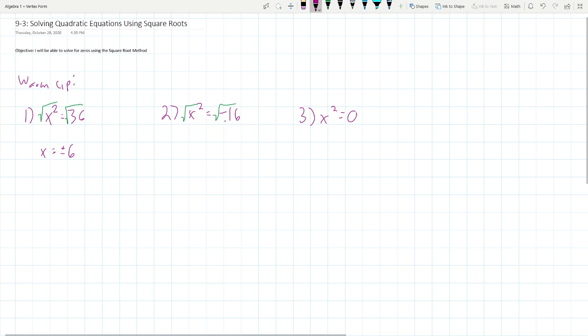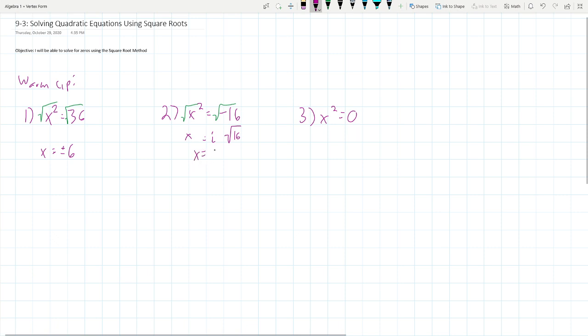If I take out that negative, we can represent the square root of a negative with an i. Then we can do the square root of 16, which winds up being 4.